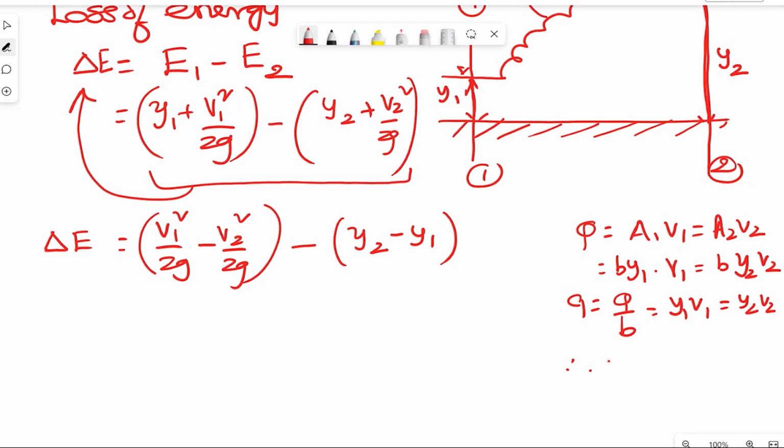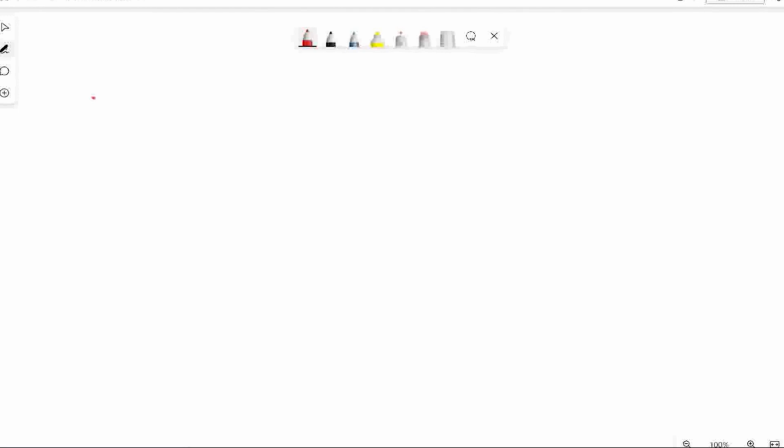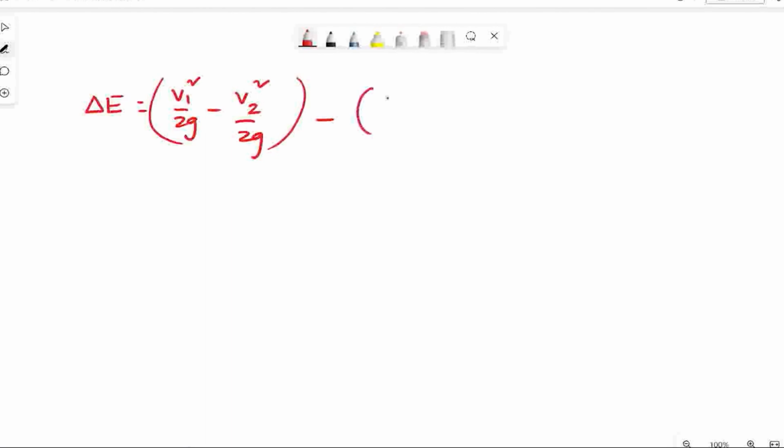Therefore I can write v1 is equal to q by y1 and v2 is equal to q by y2. So delta E is equal to v1 squared by 2g minus v2 squared by 2g minus y2 minus y1.